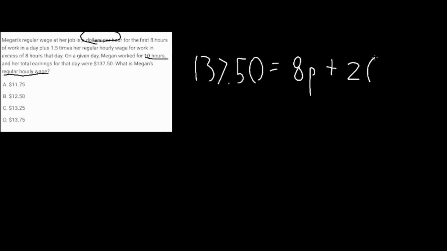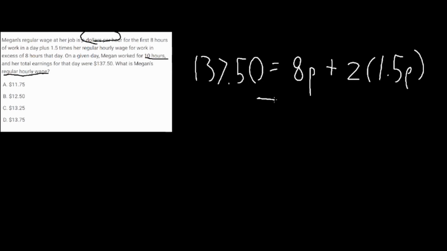So we know what she earned that day was equivalent to $137.50. And that is equivalent to the first 8 hours she worked, where she earned P dollars per hour, plus she worked 2 additional hours. So that would be equivalent to 2 times 1.5P, because she gets paid more money after those 8 hours.